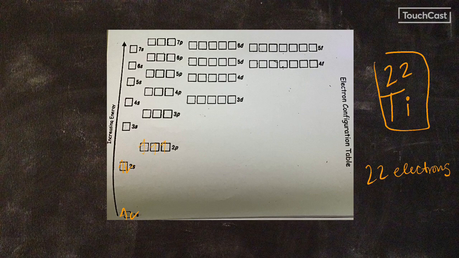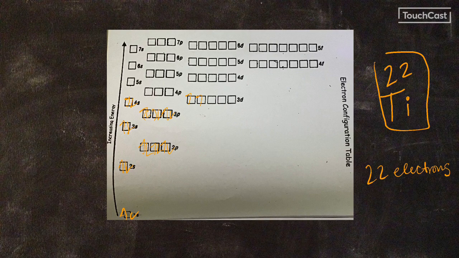Remember 1 in each box before I can put 2. 8, 9, 10, 11, 12, 13, 14, 15, 16, 17, 18, 19, 20, 21, 22. Notice I filled my 4s before I filled my 3d.